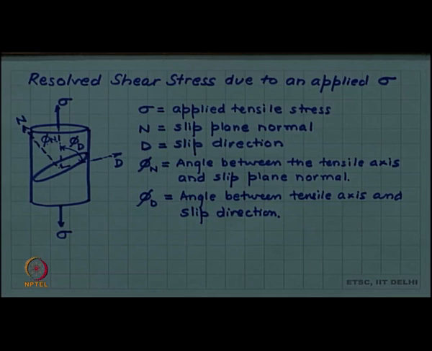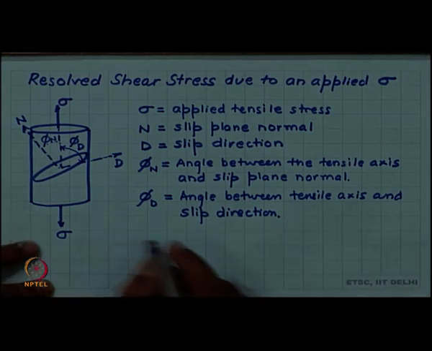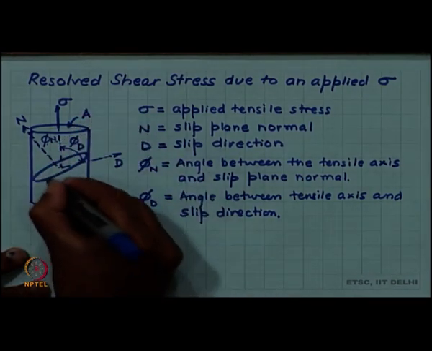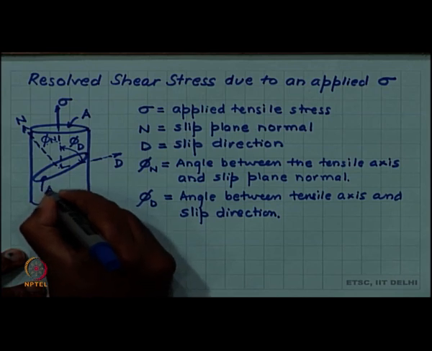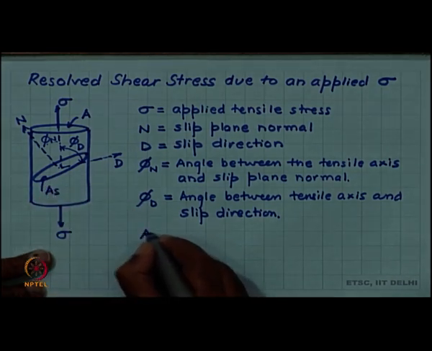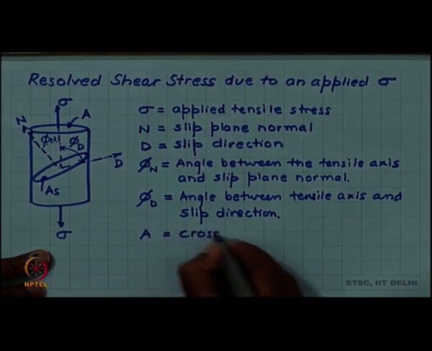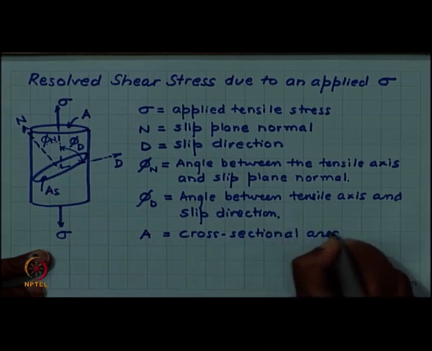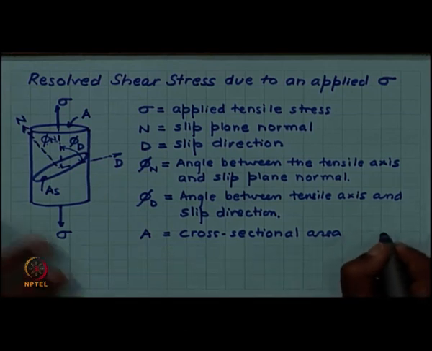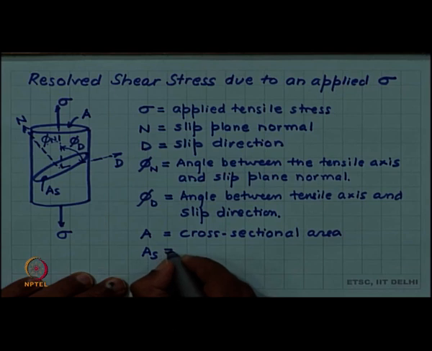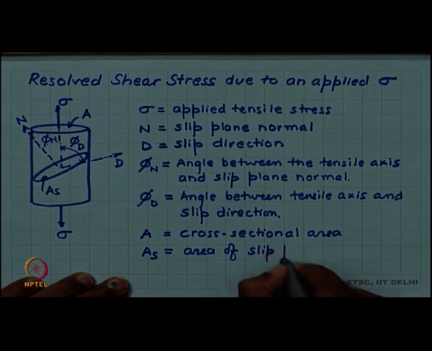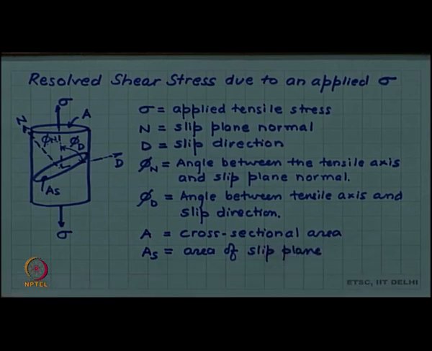With these variables we can try to find the resolved shear stress tau. Let us also define, we will need this, the cross sectional area A and the area of the slip plane AS. So, A is the cross sectional area of the specimen and AS is the area of the slip plane.